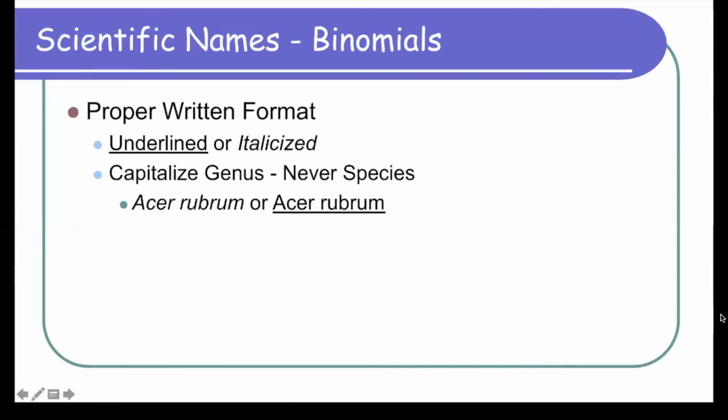If you do not want to underline it, you have to italicize it. And when you italicize it, you cannot underline it, okay? You always want to capitalize the first letter of the genus. You do not want to capitalize the first letter of the species. You may see this being done, but it is not proper. So you always want to capitalize only the first letter of the genus.